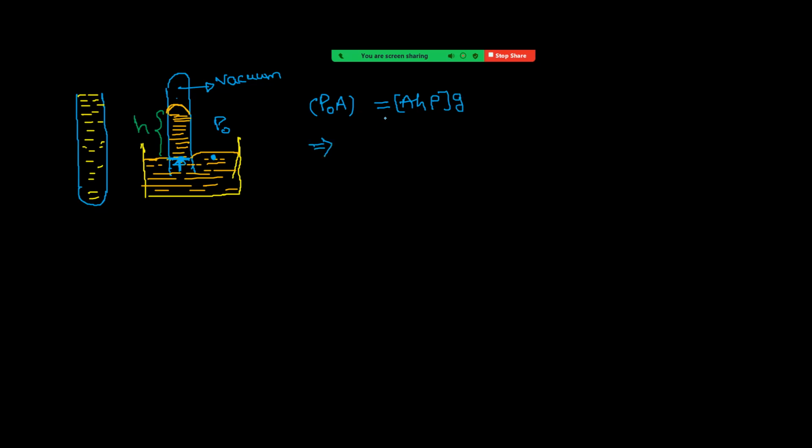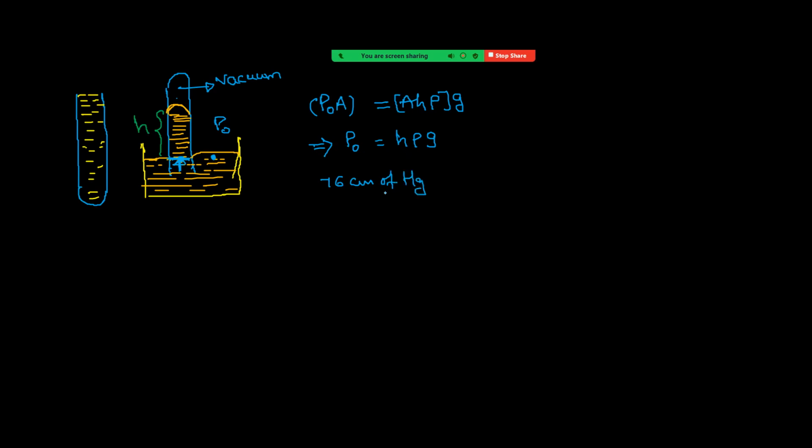Now see what we get. A gets cancelled. P naught is equal to h rho g. So like this, by knowing the height of mercury column, we get pressure of atmosphere. Generally, h value will be 76 centimeters. Whenever we are saying pressure of atmosphere, we are saying in terms of height of mercury column. So 76 centimeters of mercury column.